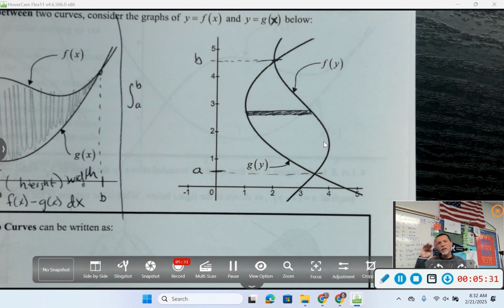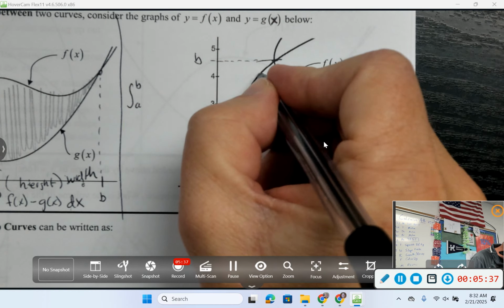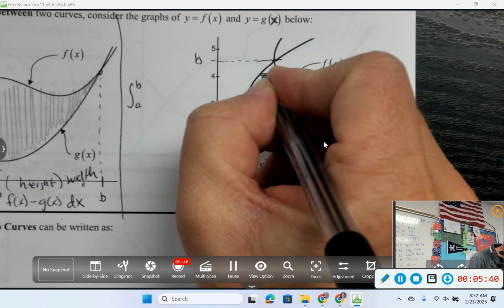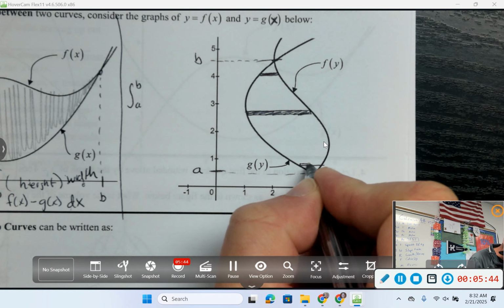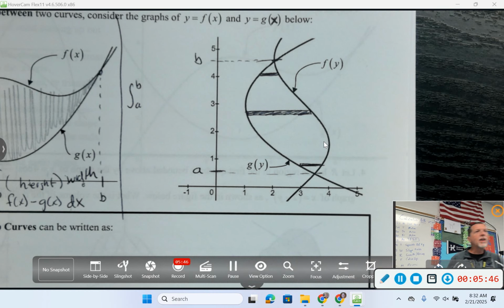You mean if they're left, right, or up, down? Well, they're all of the rectangles. I just drew one of them, but there's a gazillion of them because they're infinitely thin, all the way up from A to B.